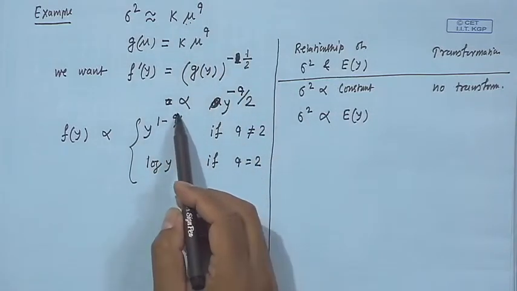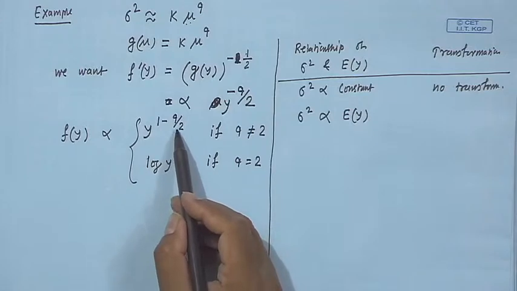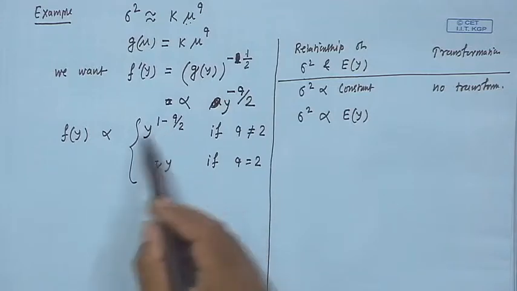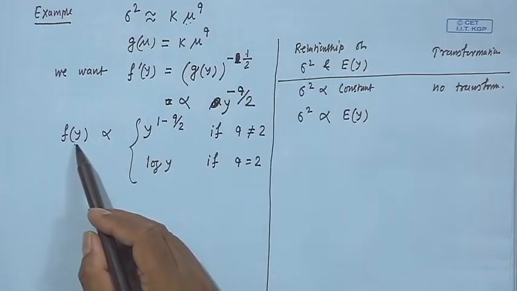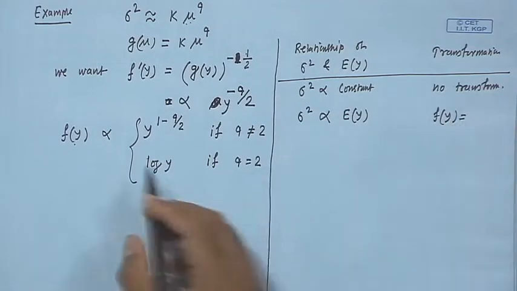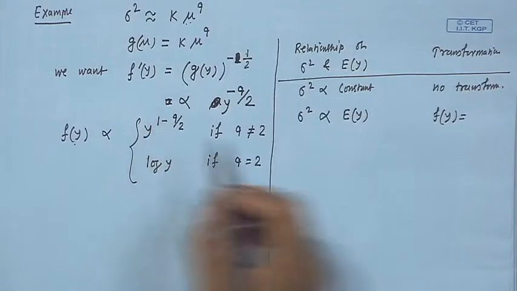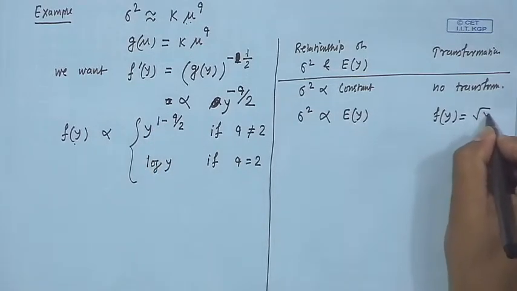So, you put q equal to 1 here, and then the transformation you have to take is f(y) equal to y to the power of half. So, that is root y, square root of y.